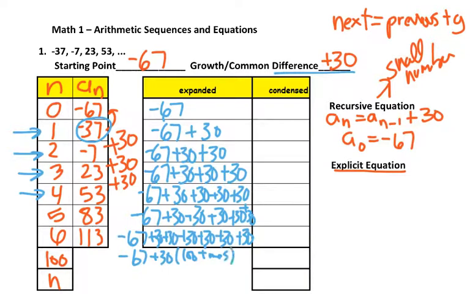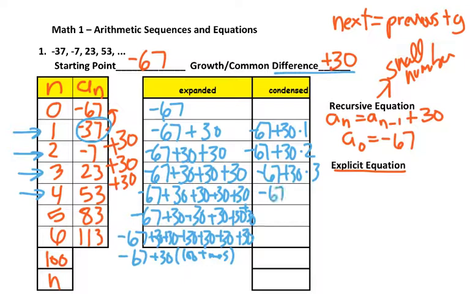So how do I shortcut write that repeated multiplication? Well, in the first one, I'd go negative 67 plus 30 times 1. Not too hard to write that one. The second term, negative 67 plus 30 times 2. Then the third term, negative 67 plus 30 times 3.